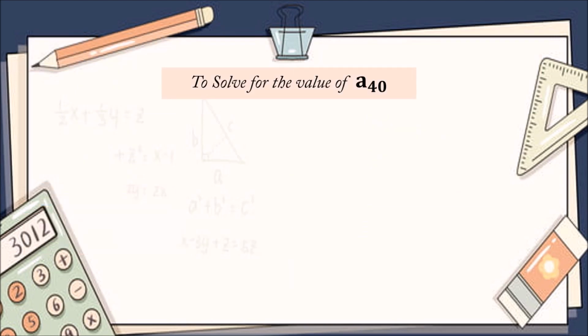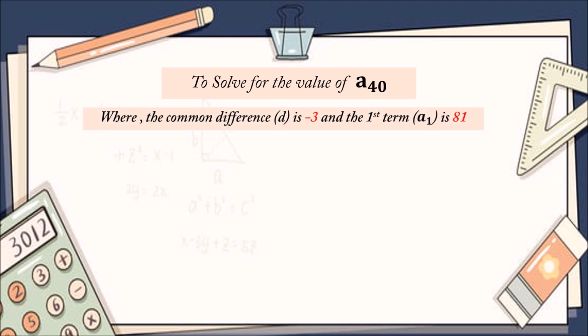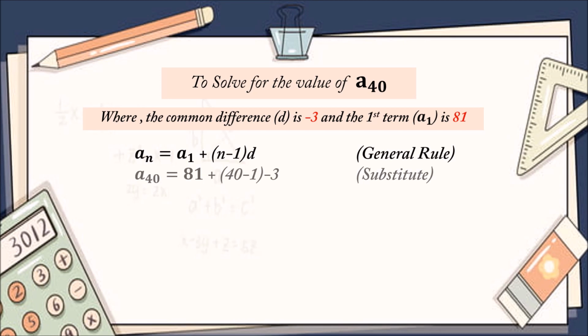To solve for the value of a sub 40, where the common difference is negative 3 and the first term is 81, kung saan yun ang sinolve natin kanina, gagamitin ulit natin ang general rule form. Substitute the values of the common difference and the first term. We have a sub 40 is equal to 81 plus 40 minus 1 times negative 3.